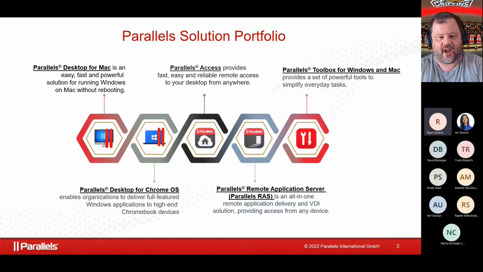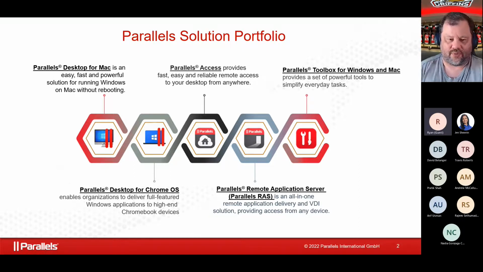But you can see here we have a number of products. And, like I said, most people know the consumer side. There is now also a Parallels Desktop for Chrome OS. So that's actually pretty darn cool, I think. Chrome OS becoming more popular, and cheap tablets and cheap laptops, whatever you want to call them.